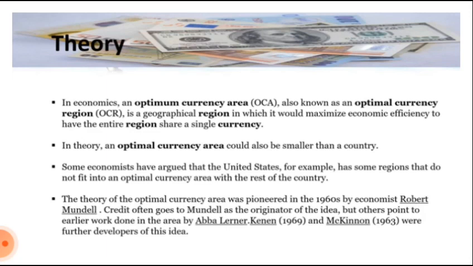In total, the optimal currency area tries to adopt a currency union, and this currency union generates credibility, facilitates trade, and also serves a political cause. It also helps to achieve political goals in a similar manner.